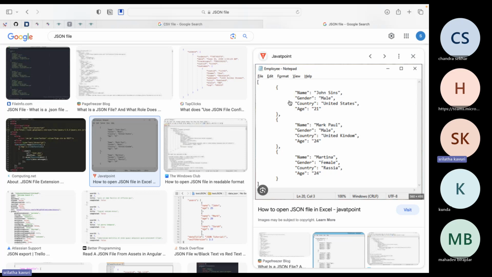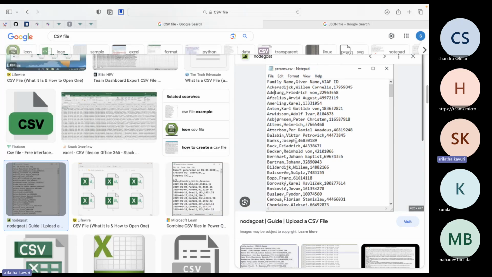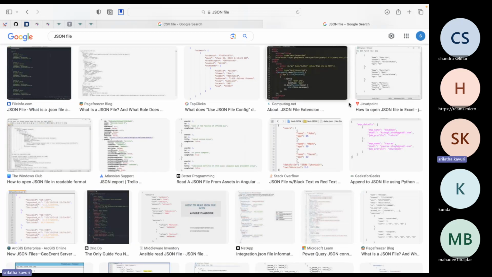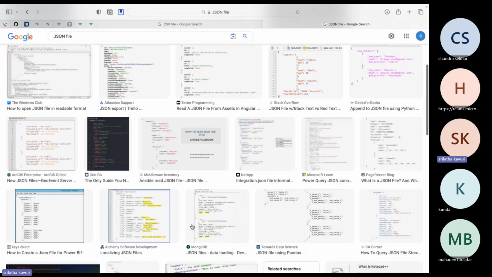The data you have here and the data you have here is the same, but the way it is organized is different. So this is an example of semi-structured data, the JSON files.